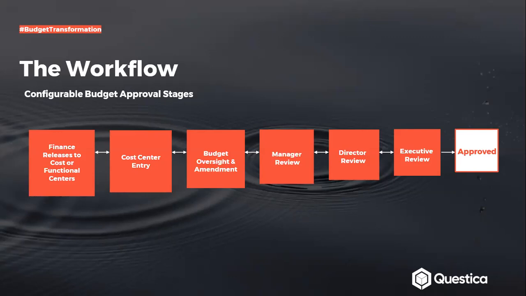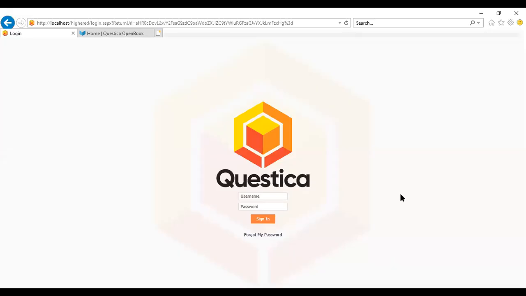So let me exit out of these screens here and then share my software screen. So now you should be seeing a login screen in your field of view. And let me make a few general remarks about the Questica Budget software.